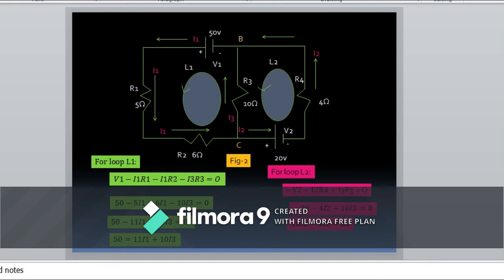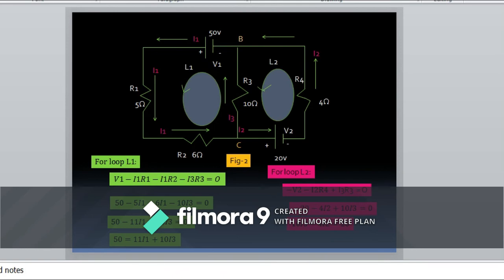So there is potential drop, minus I2 R4. The loop direction is opposite to the direction of current through R3. So it shows potential increase through this resistor having resistance R3. Hence it is regarded as plus I3 R3.